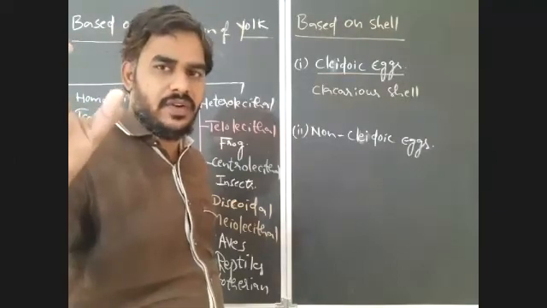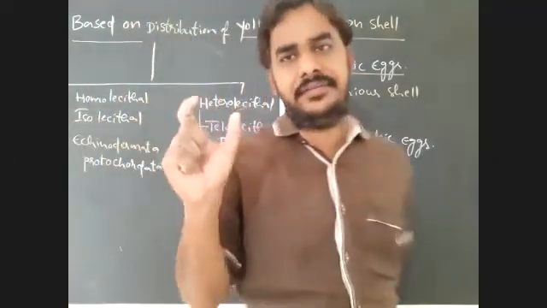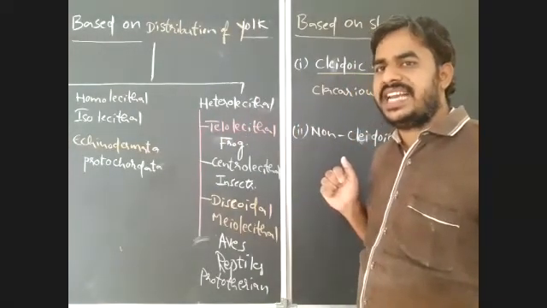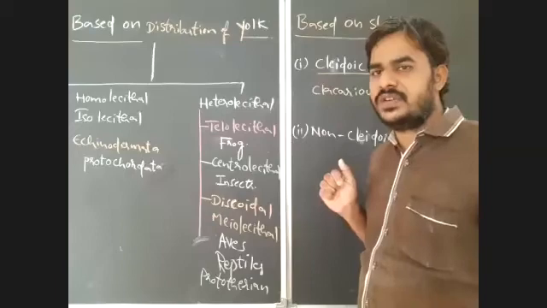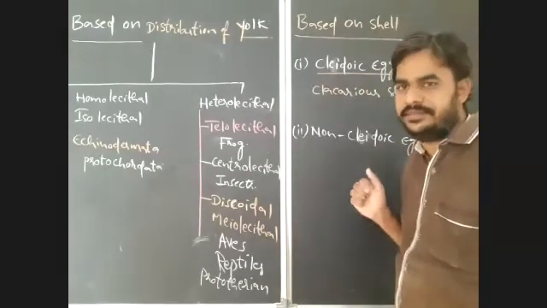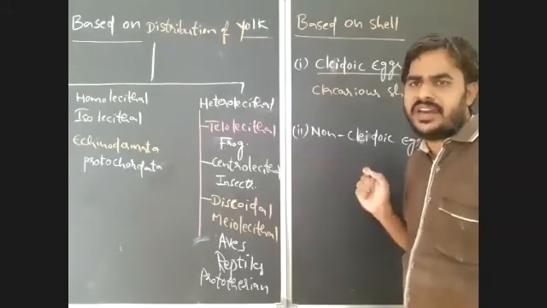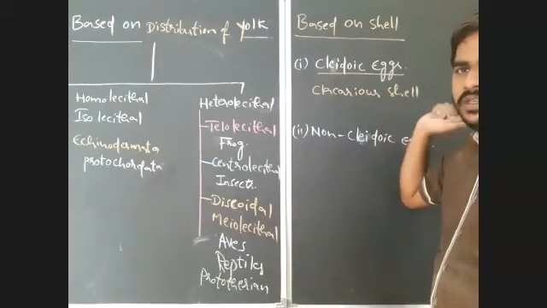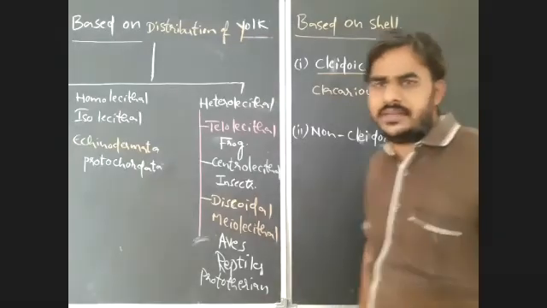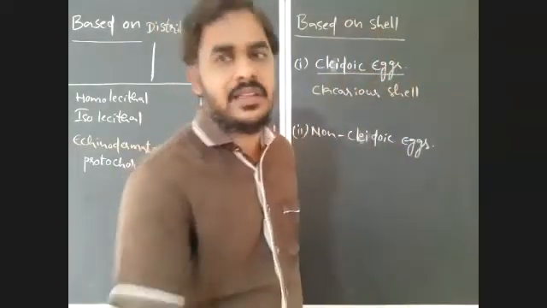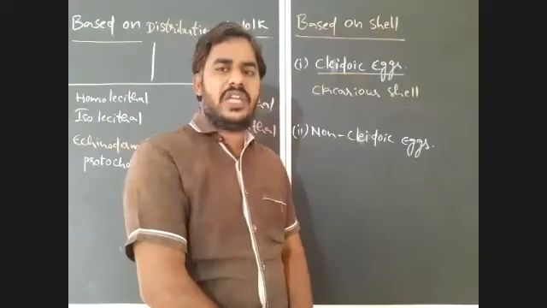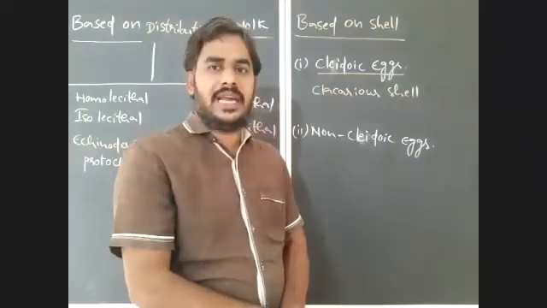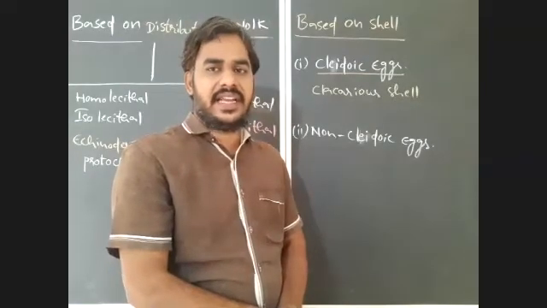If you see the egg of a hen, is there any shell around it? There is a calcareous shell. Calcareous means made up of calcium carbonate. A calcium carbonate shell is present in the egg of a hen. If you observe terrestrial animals, the eggs are covered by shells. That type of eggs are known as cleidoic eggs.